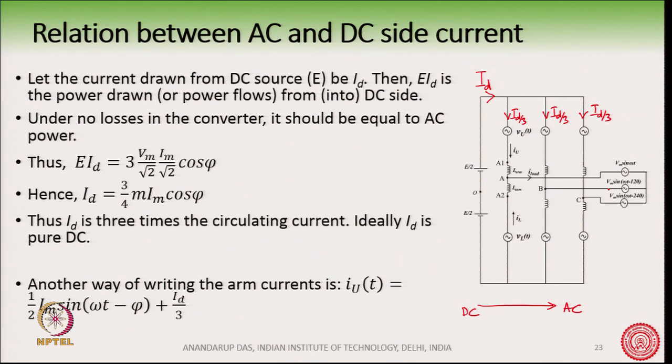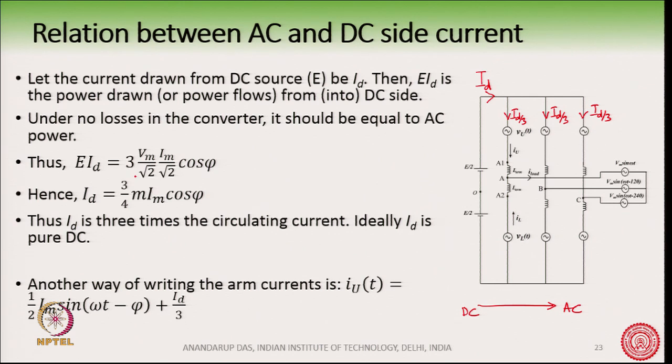What is the AC power flowing out of the converter? It is 3 times V I cos phi, where V is V_m by root 2, the RMS voltage, I is I_m by root 2, the RMS current, and cos phi is the angle between the pole voltage and the current.